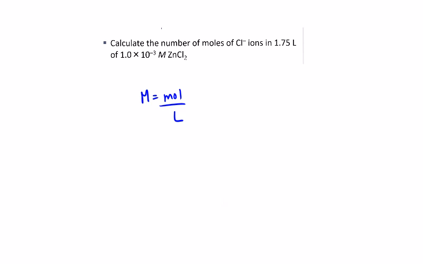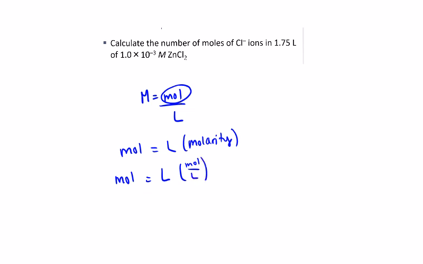If I want to solve for moles, I use algebra to where I have moles equals liters times molarity. Because within that molarity formula, I'm going to have liters times moles over liters. Hopefully this will help you see why our units cancel the way that they do and we're left with moles.